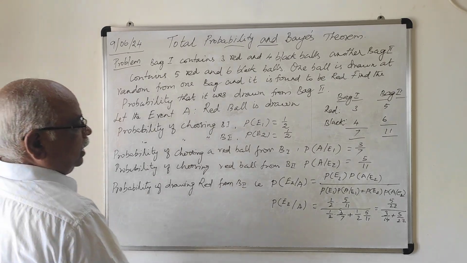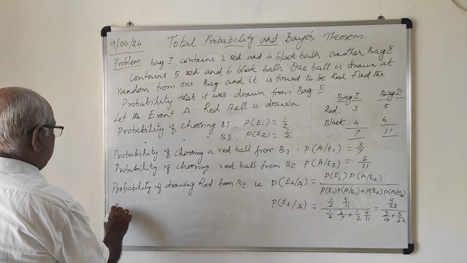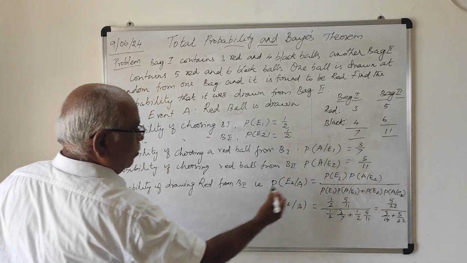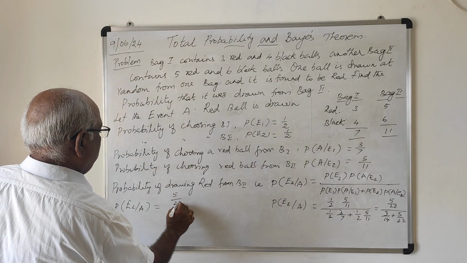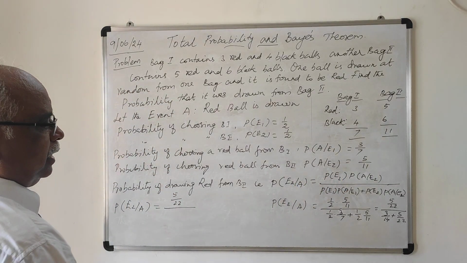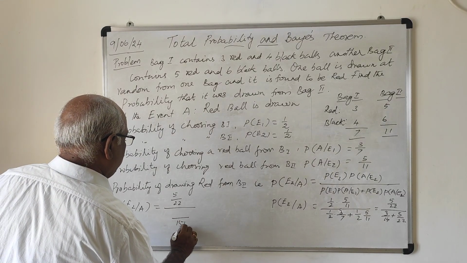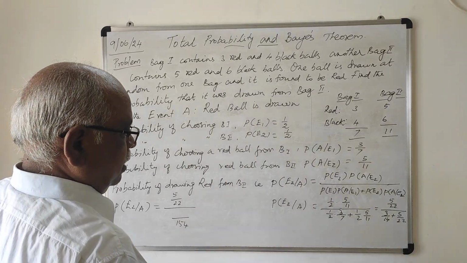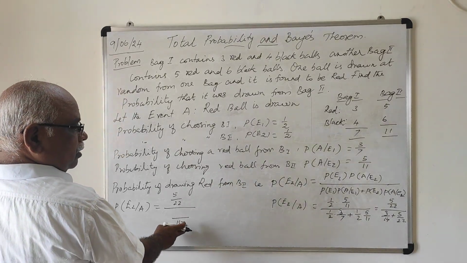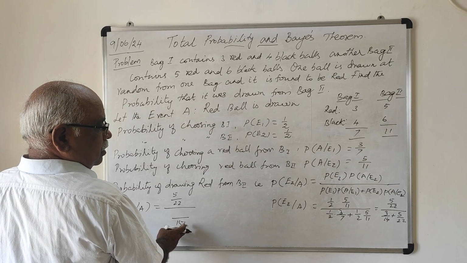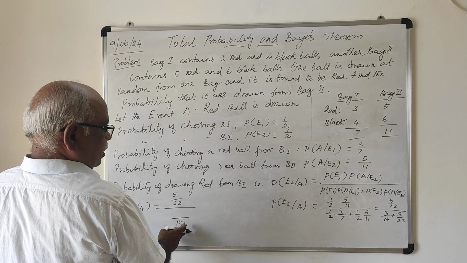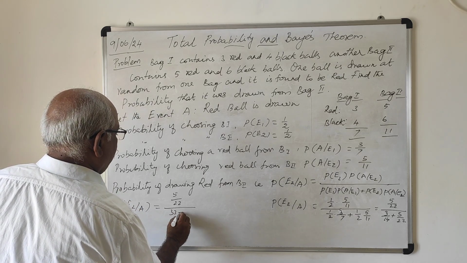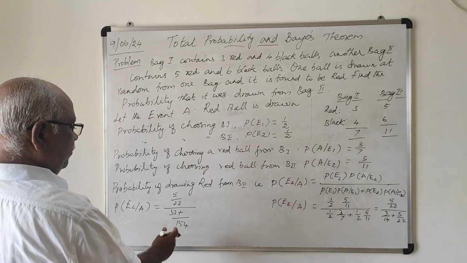So here I am going to write the probability of E2 by A equal to 5 by 22 divided by, over 154, 22 into 7 is 154: 11 3s are 33, 7 5s are 35.